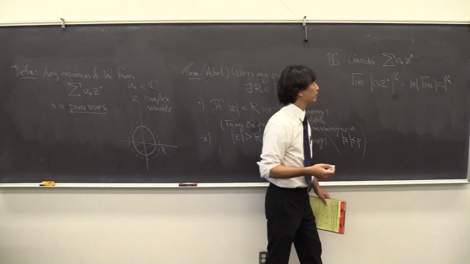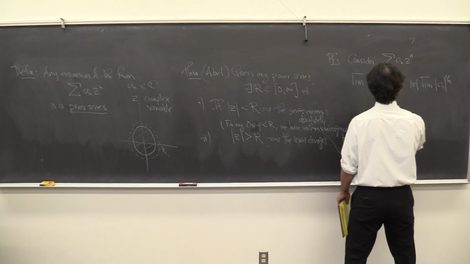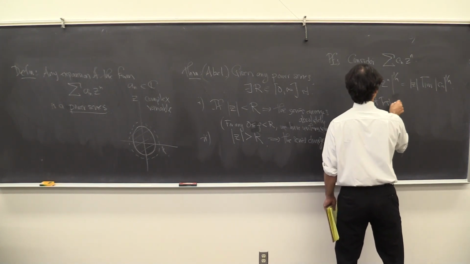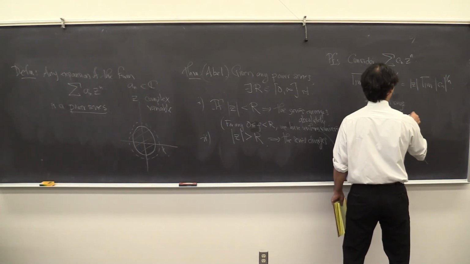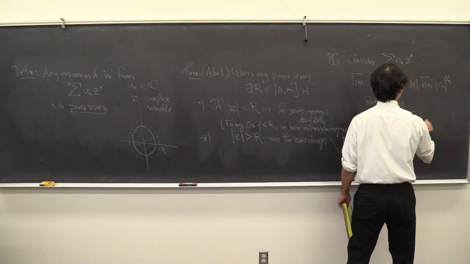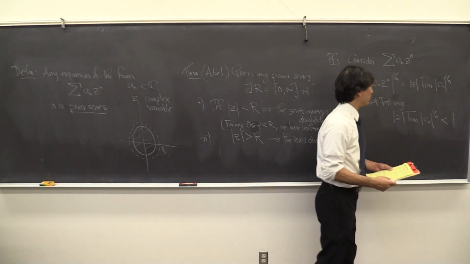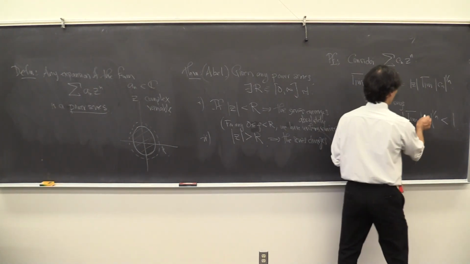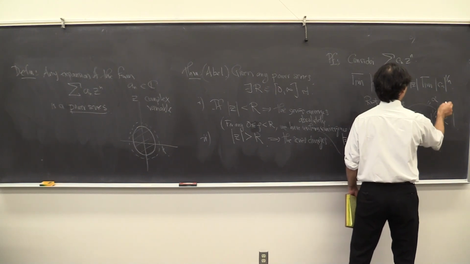right? So what the root test says is that as long as this thing is smaller than 1, then you've got absolute convergence, right? So call this thing alpha, right?